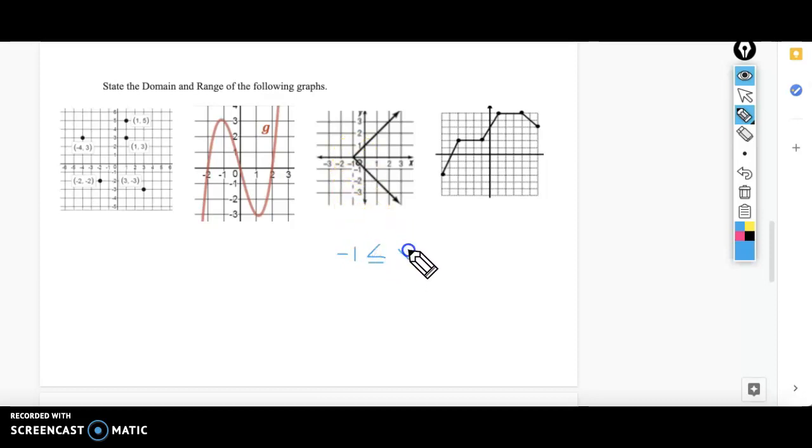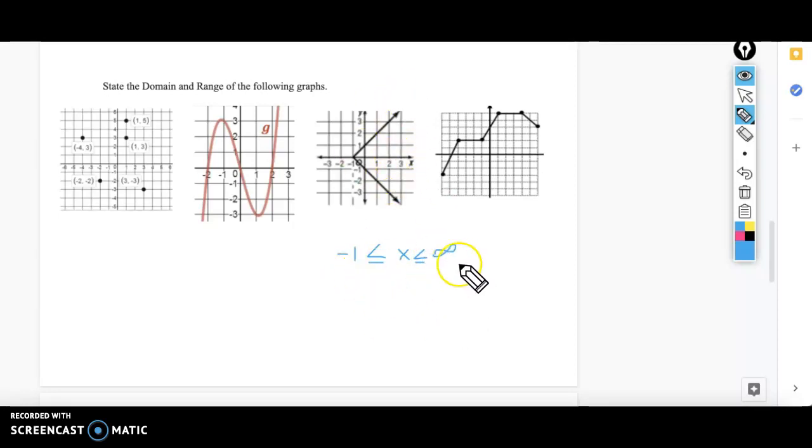Then we can say x because that's what we're dealing with, domain. And then because the arrows are going to keep going this way, x is greater than or equal to -1, and then it's everything that's less than or equal to, and then we can use that infinity sign because of that.